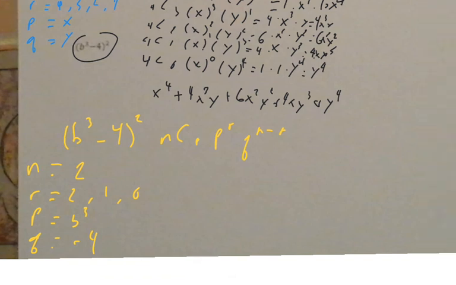So we start out putting 2, then go to math, PRB number 3, get that C in there, 2C2 times our first term, b cubed, squared, times negative 4 to the 0 power.